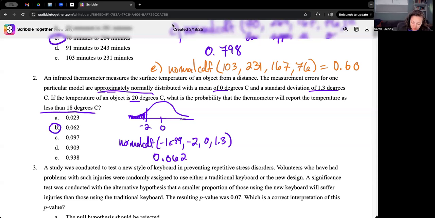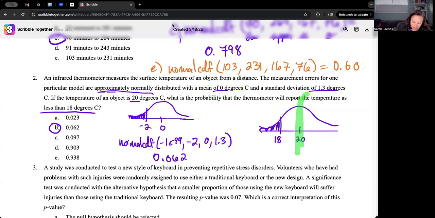Another student thought about it as, okay, well, we are at 20. We're trying to see the probability of being below 18. And we can do this because the mean is 0, so we're not expecting any error. So 20 is going to be at the point where 0 is.